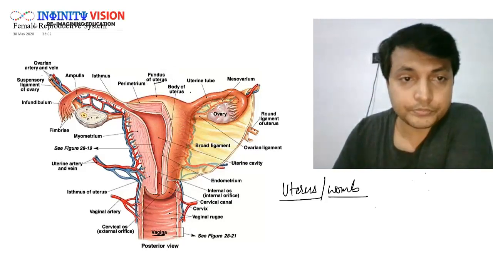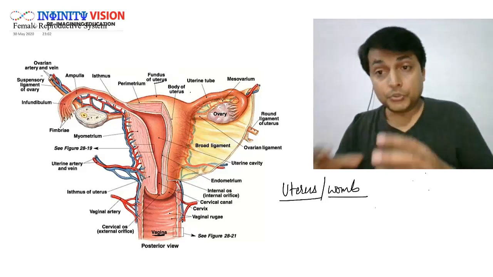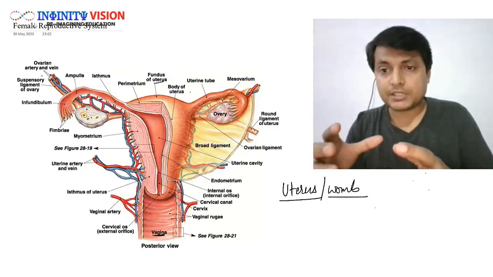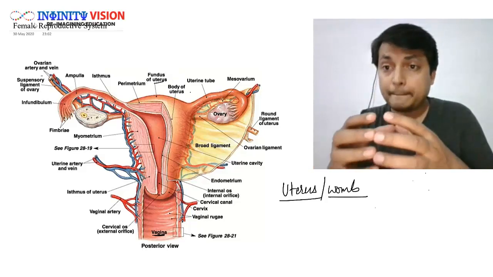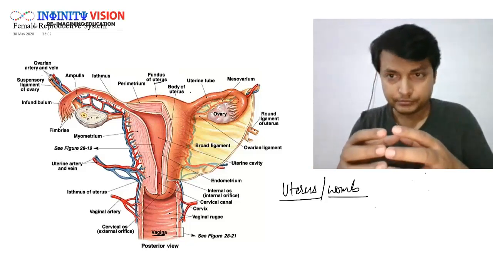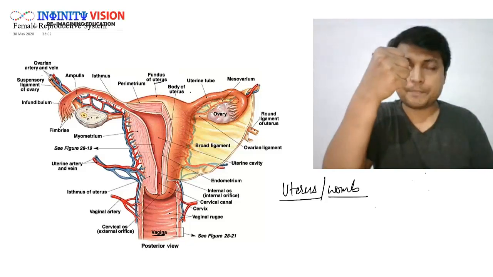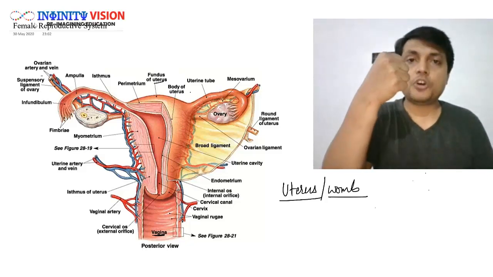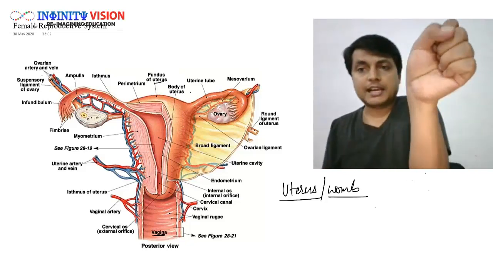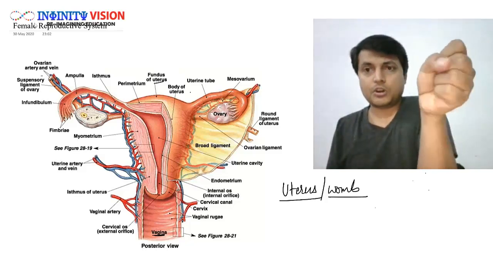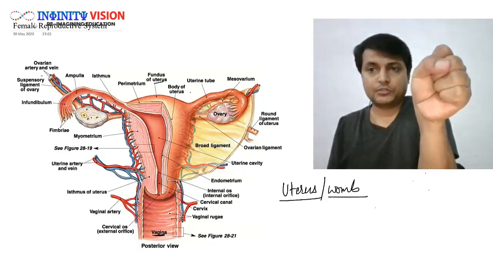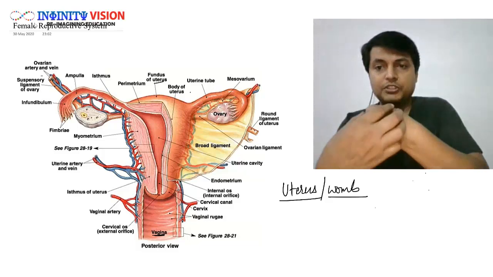Now this uterus is a muscular bag-like structure, and it is the size of a fist. So in normal condition, the size of the uterus is not bigger than a tight fist. It is just like this much.